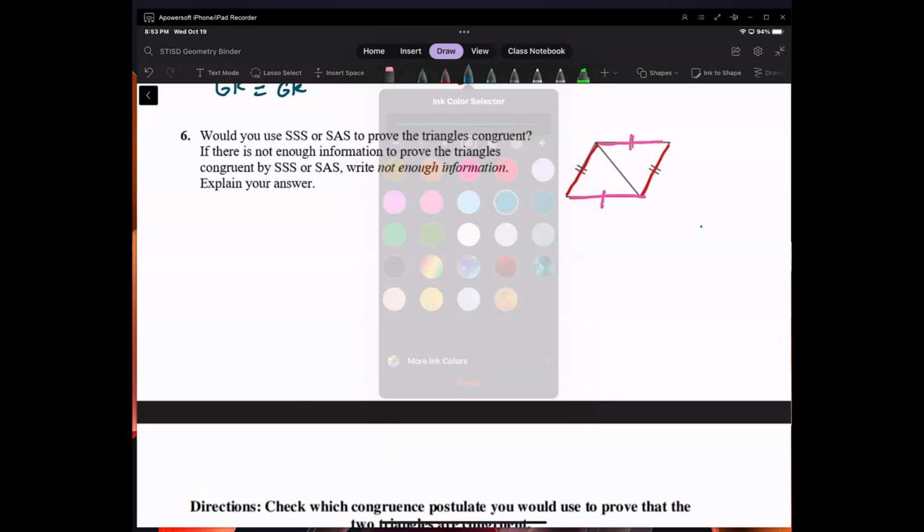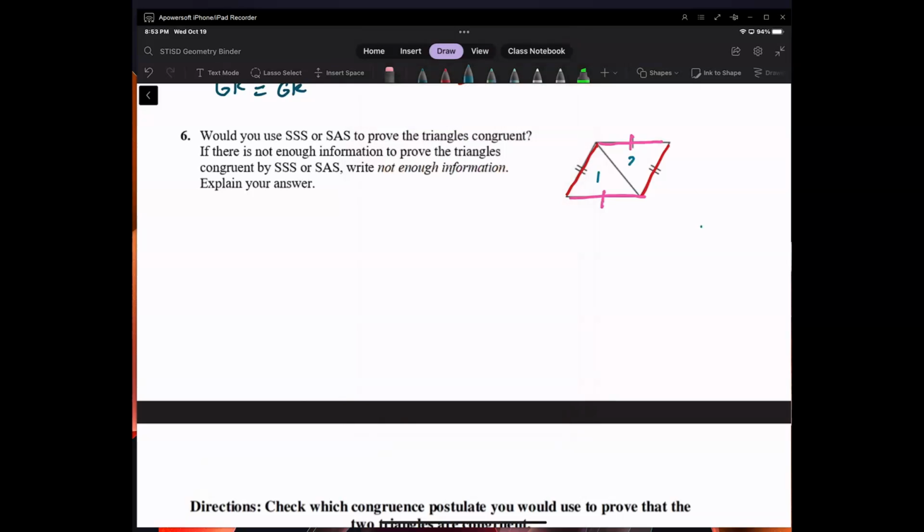And then you notice the two triangles. Here's the first triangle, here's the second triangle. They do share a common side. So that side is also going to be congruent. And I'm going to use three markings because I'm going to use the markings to differentiate the different side measurements. So for sure, we can use the side, side, side postulate to prove the two triangles congruent. Now, in the case of side angle side, you do not have enough information.